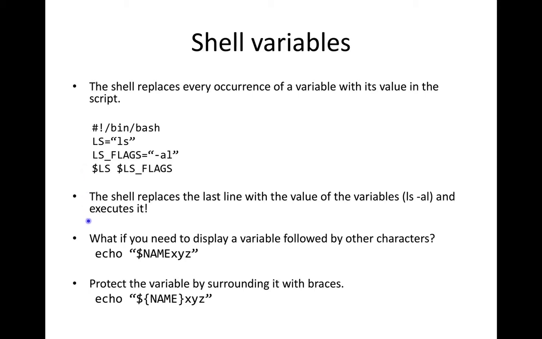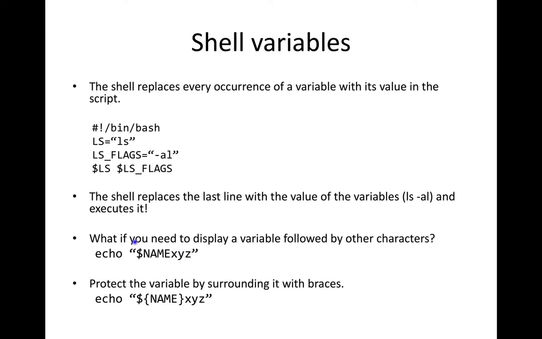What happens if you need to display the value of a variable, and you need to concatenate it with other characters? Here's an example where I want to echo out the value of the name variable followed by the characters x, y, z.